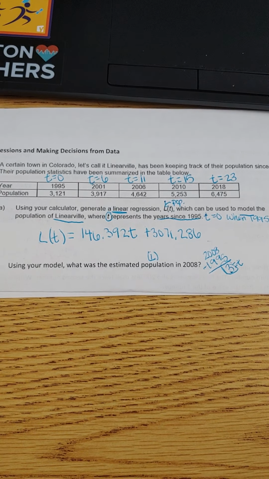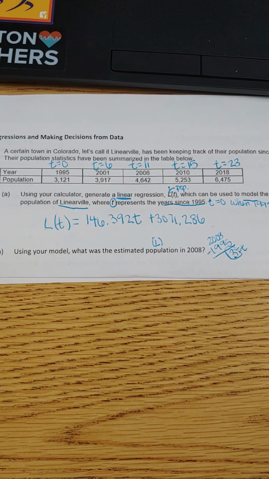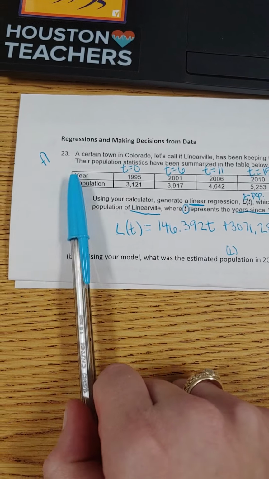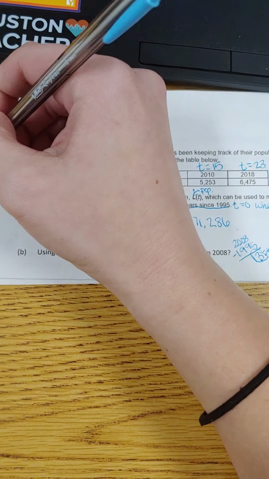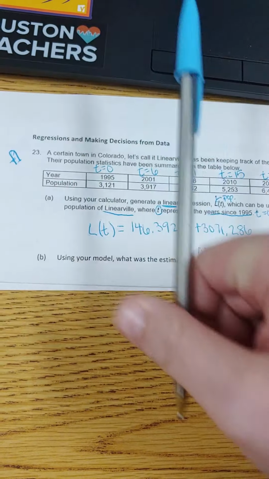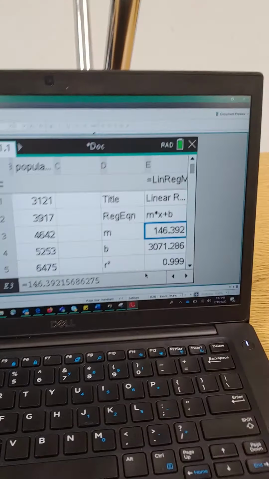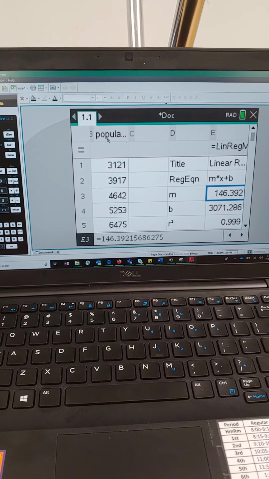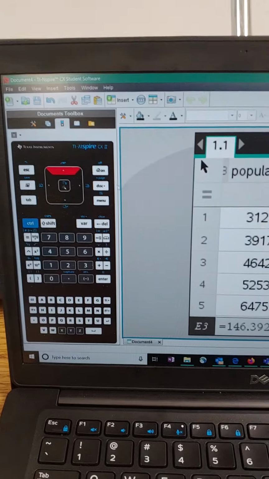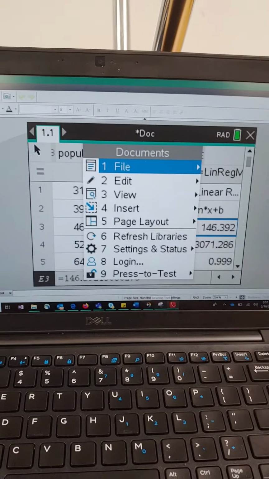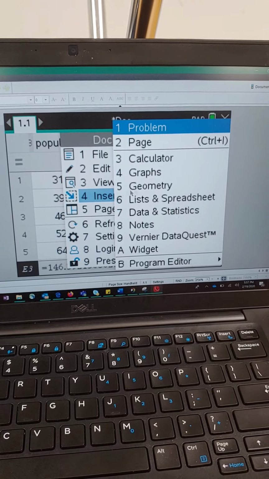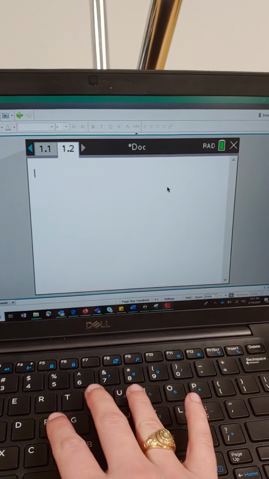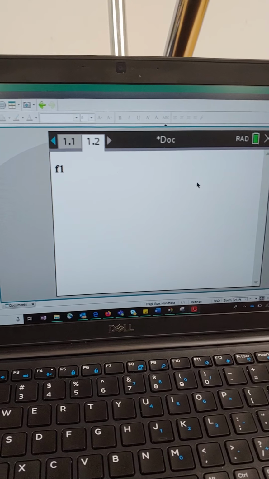Now I'm going to show you a really quick way to plug this into your calculator without having to plug it into your equation. If you remember, I made a note that this was called F1 when I was doing my regression. So I have two options. From here, from my documents, I can go to Doc, and then Insert, and I'm going to insert a calculator. And my calculator is smart enough that it remembers F1. Notice it got bold.